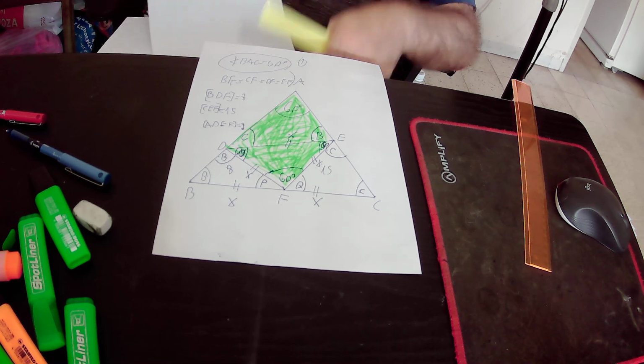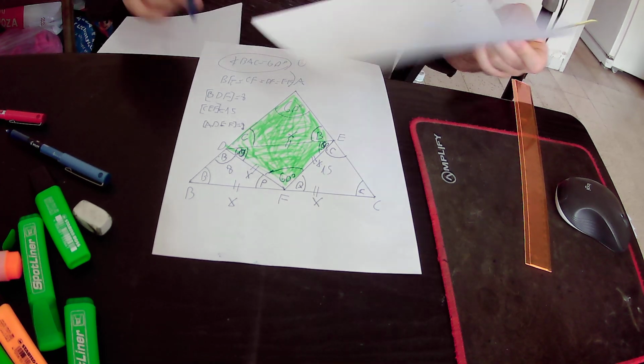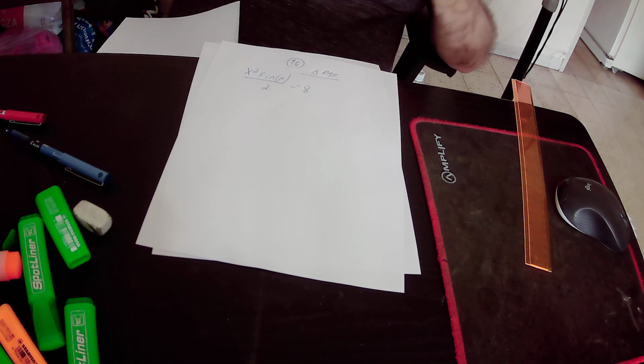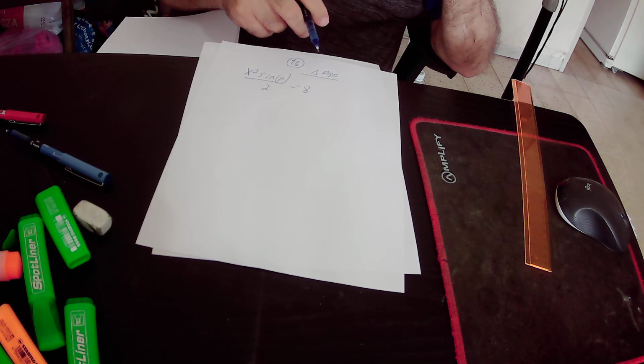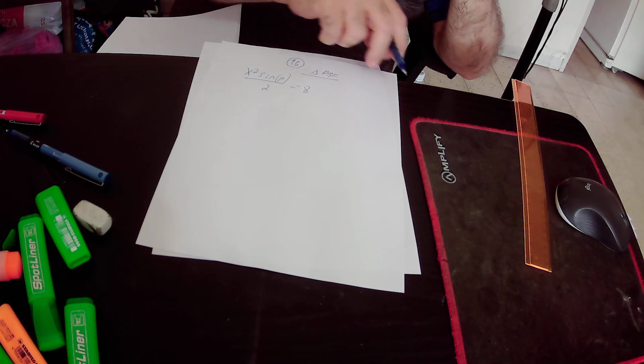Again, the area of triangle DBF equals x squared times sine P over 2, and we know that it is equal to 8 square units.